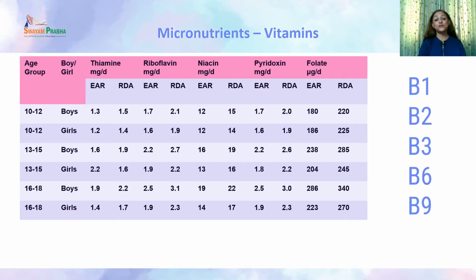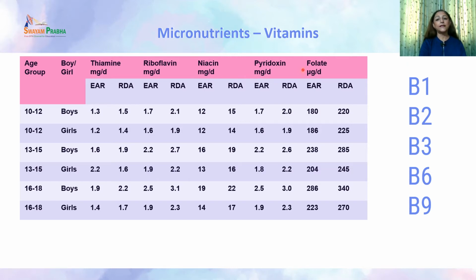This table shows the recommendation of vitamin B1, B2, B3, B6 and folate requirements. As we have seen, from 10 to 18 years, the thiamine, riboflavin and niacin and pyridoxine, all of them are needed in milligrams. And these are the estimated average requirement and RDAs for these vitamins.